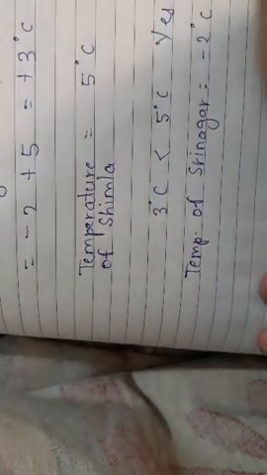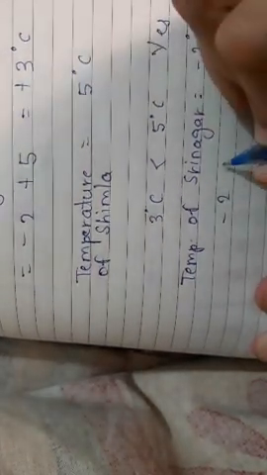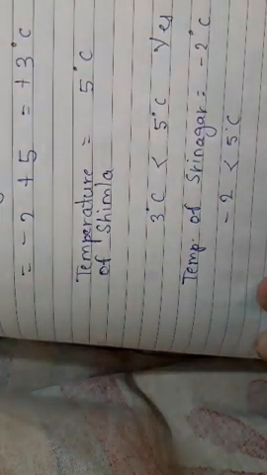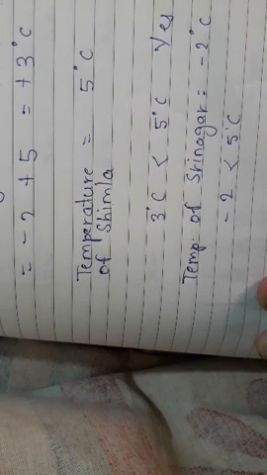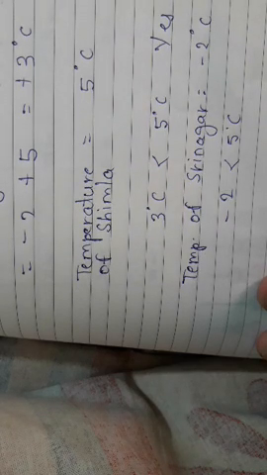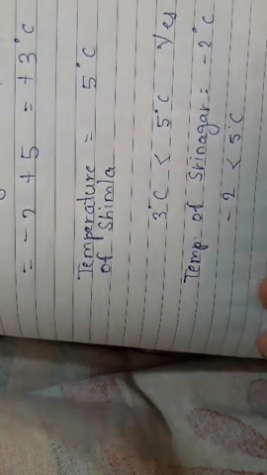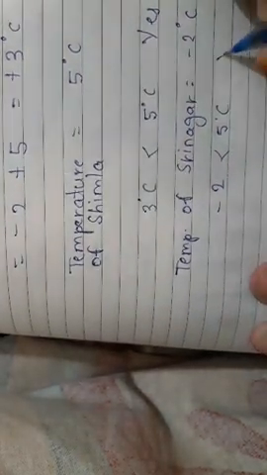Definitely -2 is less than 5 degrees Celsius. But over here, what is written is that the temperature is also less than Srinagar. Then the answer is again yes, it is less than Srinagar. So we will write yes.